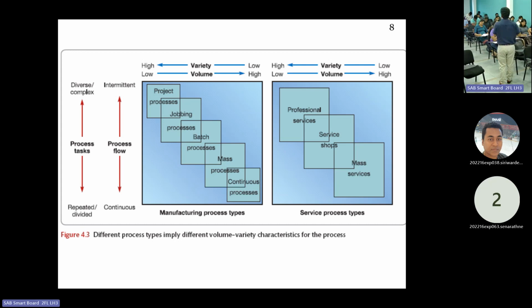Right? Because with standardized service, you are not going to customize for customers. So railway transportation or what we call metro services for a large crowd, volume is high, standardized service.